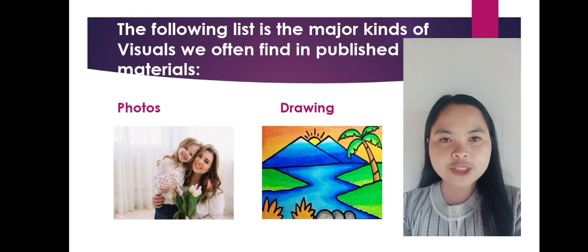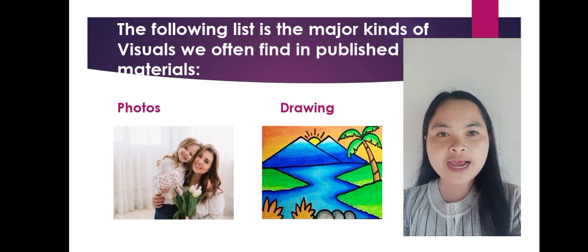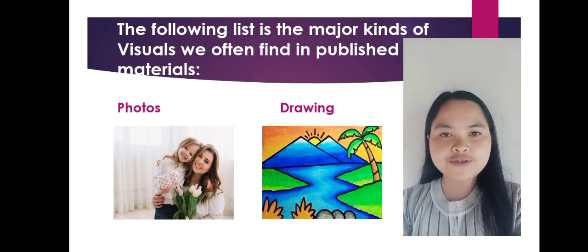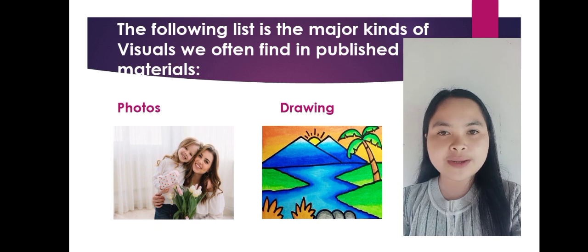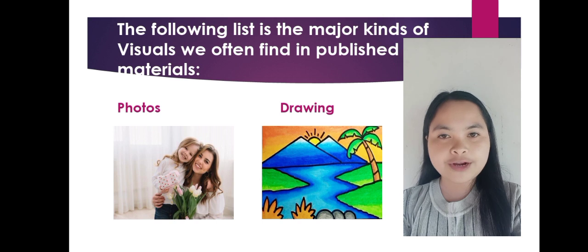A visual representation of a concept or idea, making it easier for the audience to connect with the material on a personal level. Example here in the photo, it is used to connect us to meaning, whether it is the love of a mother, the love of a daughter, or a relationship between mother and daughter.